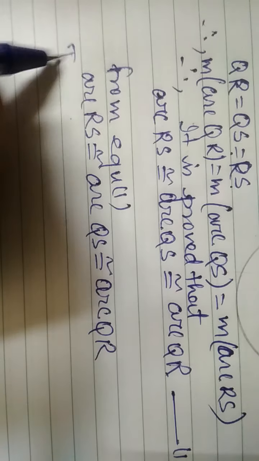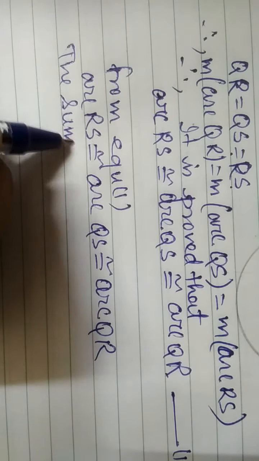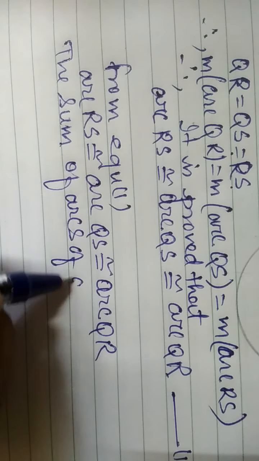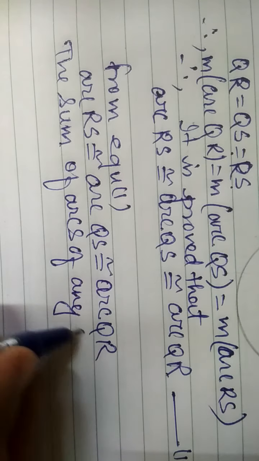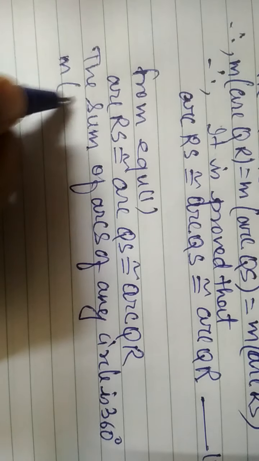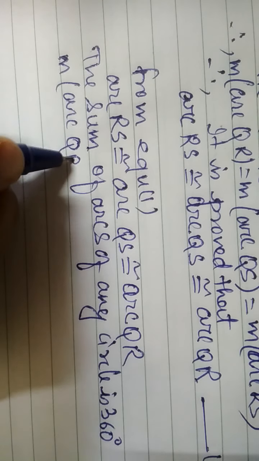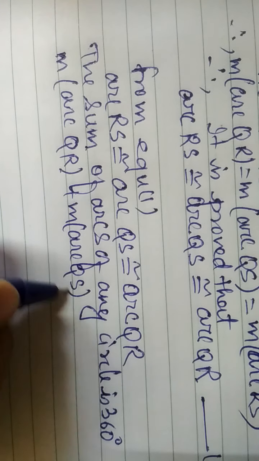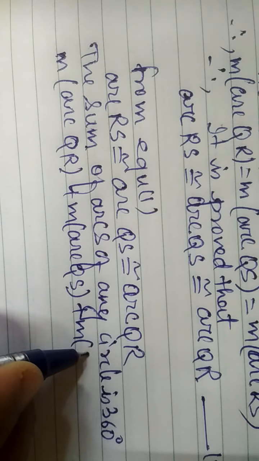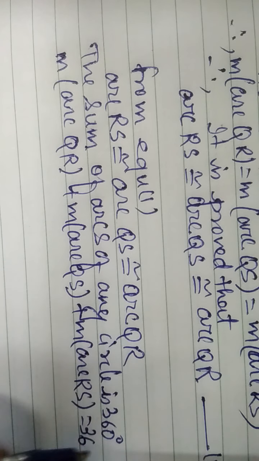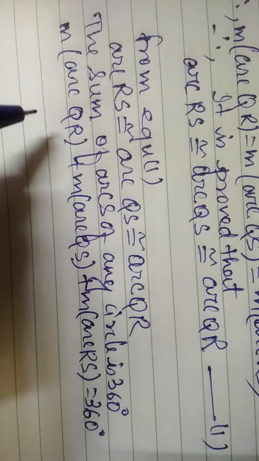The sum of the arcs of any circle is 360 degrees. That means measure of arc QR plus measure of arc QS plus measure of arc RS equals 360 degrees. This is the formula.